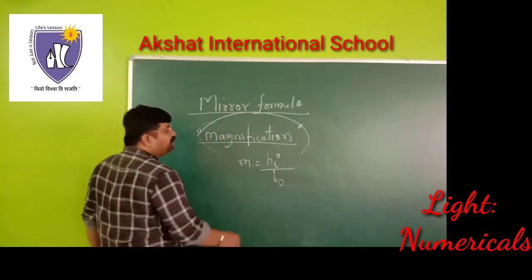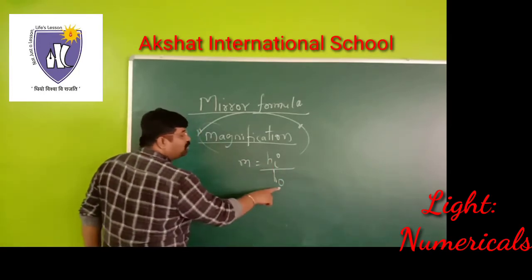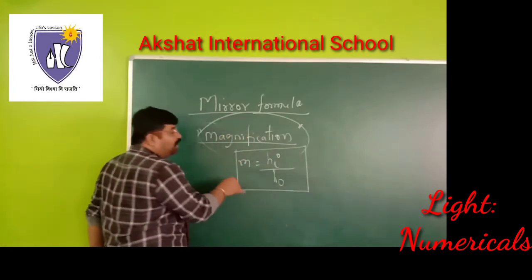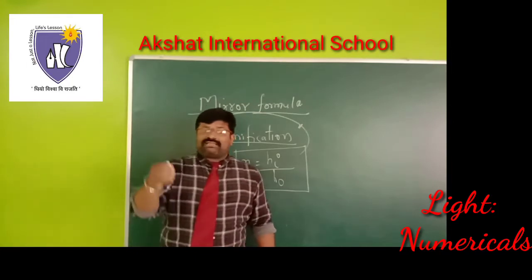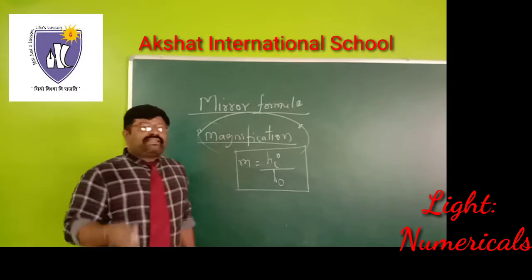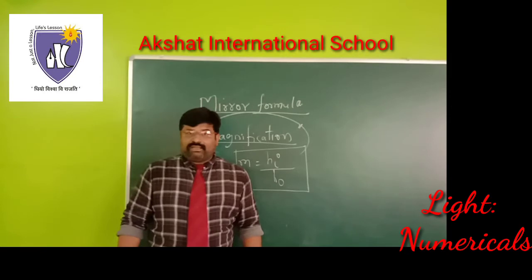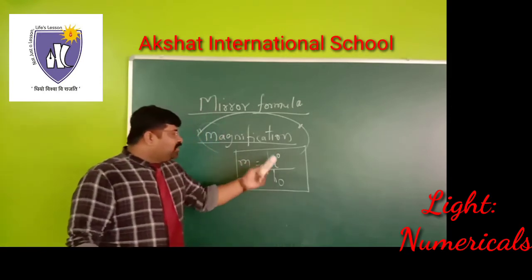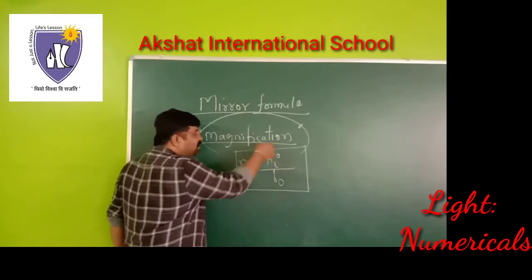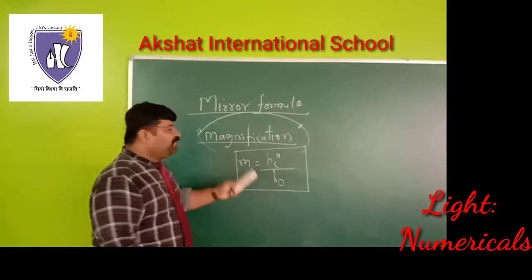But here I am using the initial of image, that is I, and the initial of object, that is O. So it is easy to learn the formula: M equals HI by HO, where HI represents the height of the image and HO represents the height of the object. It is a comparison of the height of the image with respect to the height of the object.